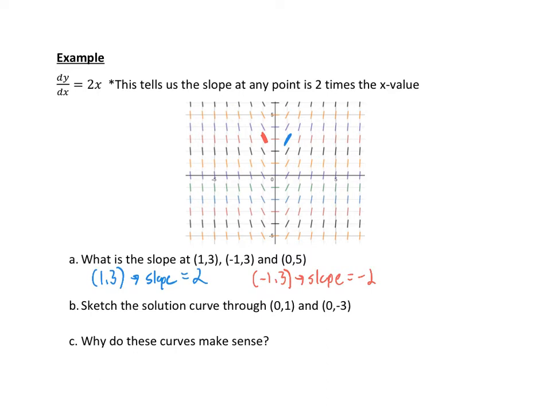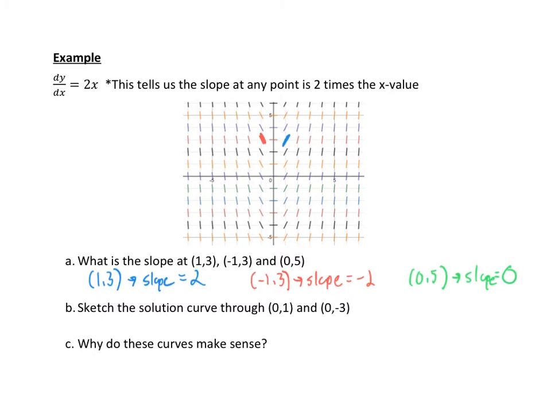If I look at the point (0, 5), the slope should be 2 times the x value, so the slope should be 0. Here's the point (0, 5). We have a horizontal line, which has a slope of 0.